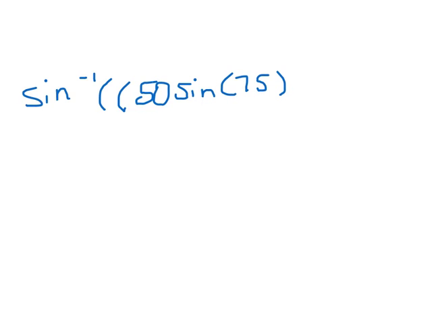All right, I'm going to write in here now what it is that I typed in my calculator. I typed this in, sine minus 1, and then I have this, 50 sine 75. I had to put that one on because of this first parentheses right after the sine. And then this parentheses ended the top of the fraction.